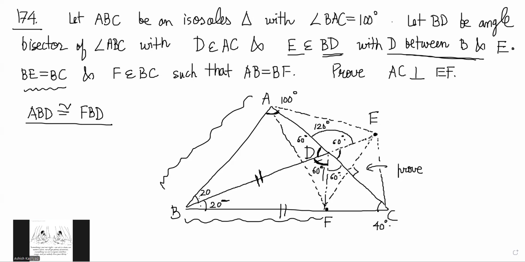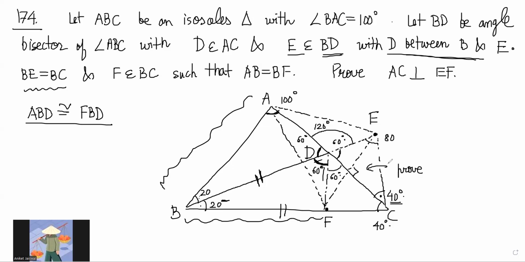So this angle has to be 80 and 80. So that means this much is 40, right? Yes, sir. Because it's an isosceles triangle, 80 80. So this is 40, right?